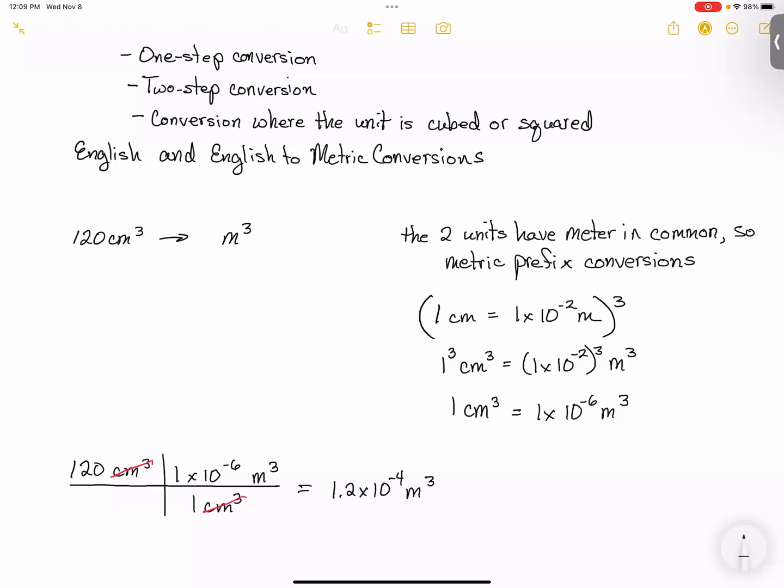So let's just review this now that you have it written down, because we're going to do another one. First thing I noticed is I had 120 centimeters cubed and I wanted meters cubed. They have the term meter in common, so that means I'm using the metric prefix conversions, which is the bottom table on the tables I gave you. According to the bottom table, when I look up centimeter and meter, 1 centimeter is equal to 1 times 10 to the minus 2 meters.